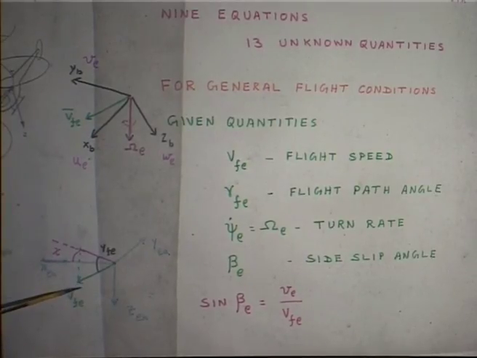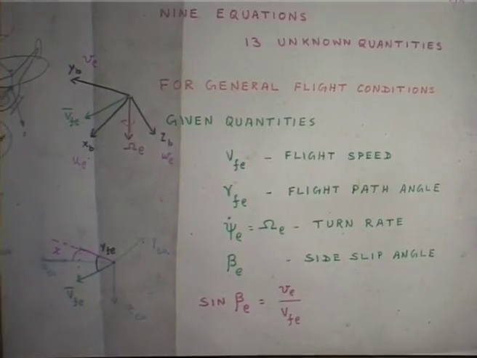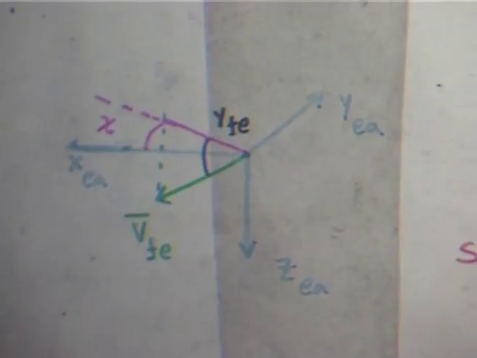The angle between the velocity vector and the horizontal plane is the flight path angle. And then you project it, and the angle between the projected vector and the x earth, you call it chi. Just put that, because that will come later.